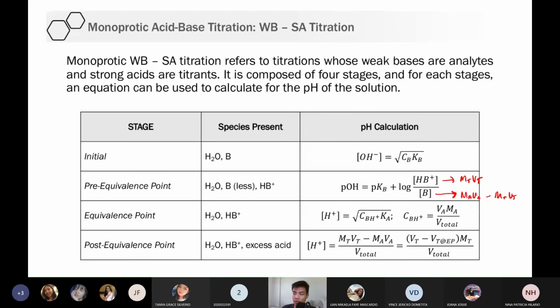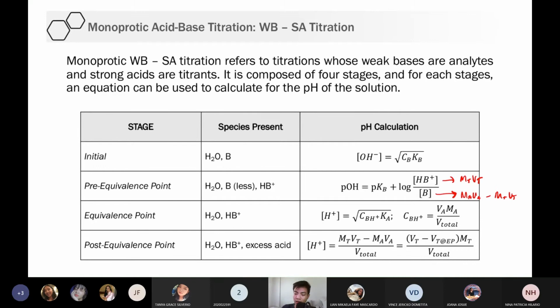Acidic na kasi yung solution natin dito, no, at equivalence point, because of the two species, which of them will contribute to the pH of the solution? Ang sagot ay yung conjugate acid, no. Conjugate acid na yung dahilan bakit may pH yung ating solution. Why?